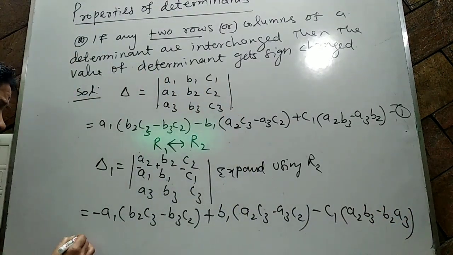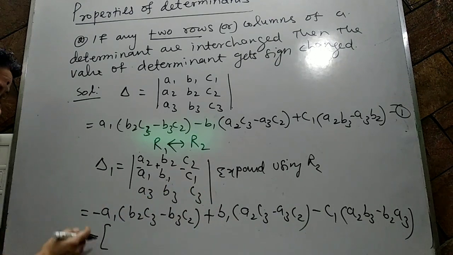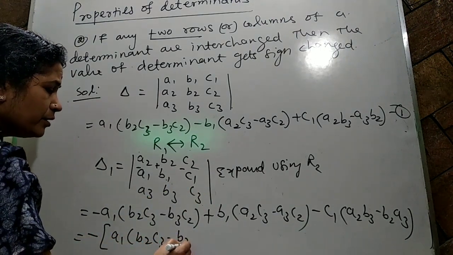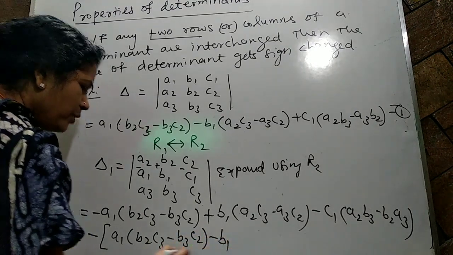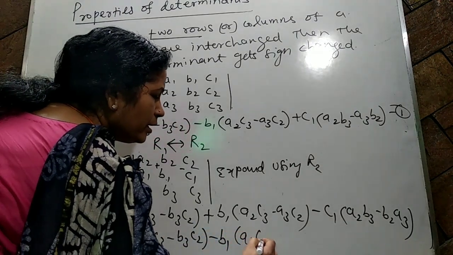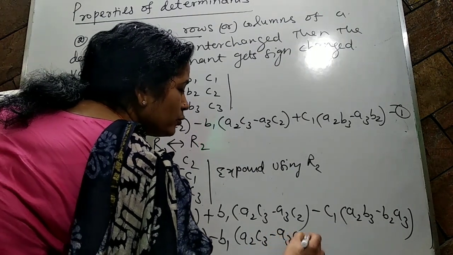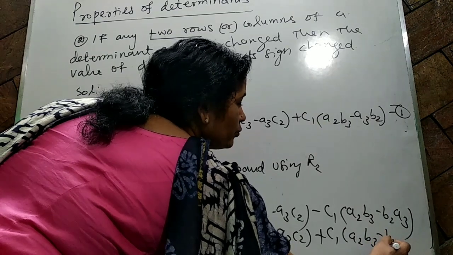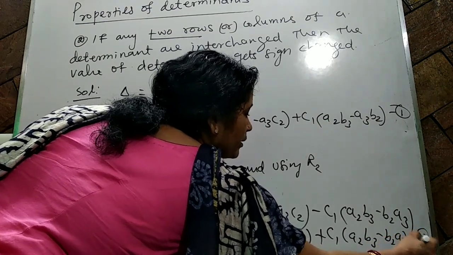If I take minus outside, A1 into B2C3 minus B3C2, and then minus B1 into A2C3 minus A3C2, and then plus C1 into A2B3 minus B2A3. That is equation number 2.